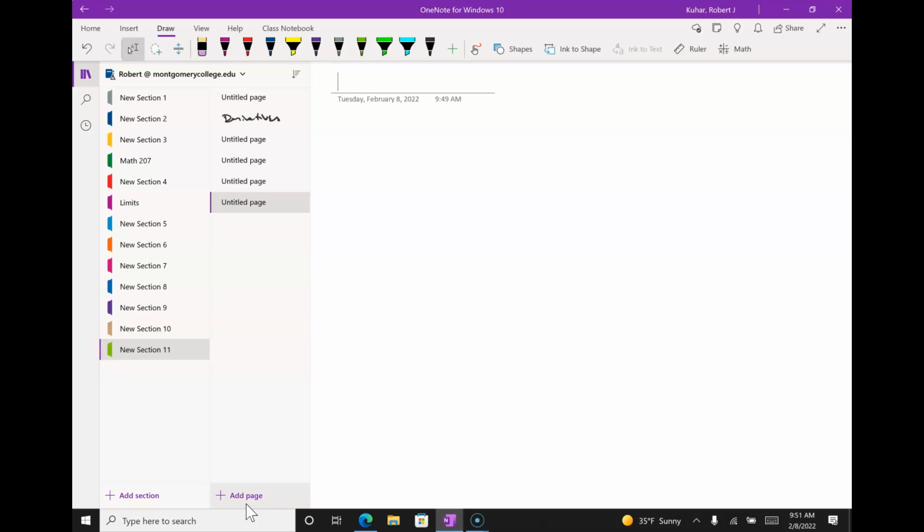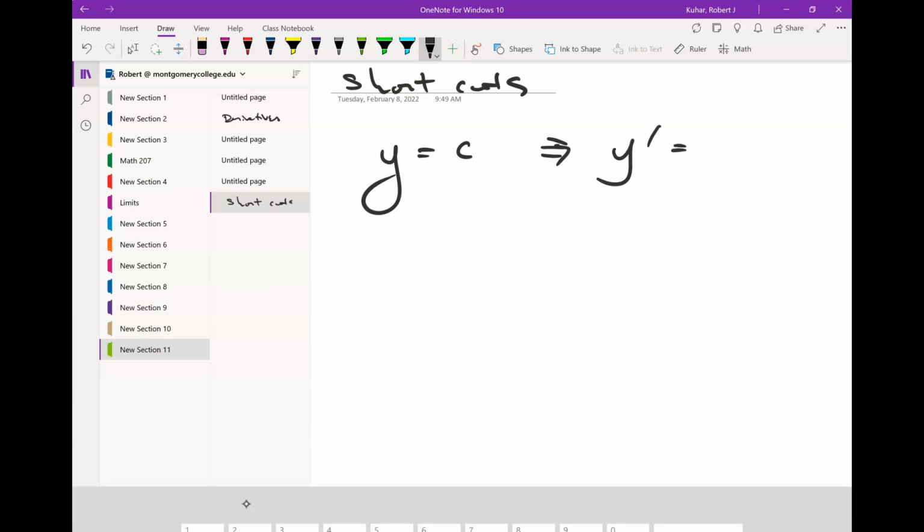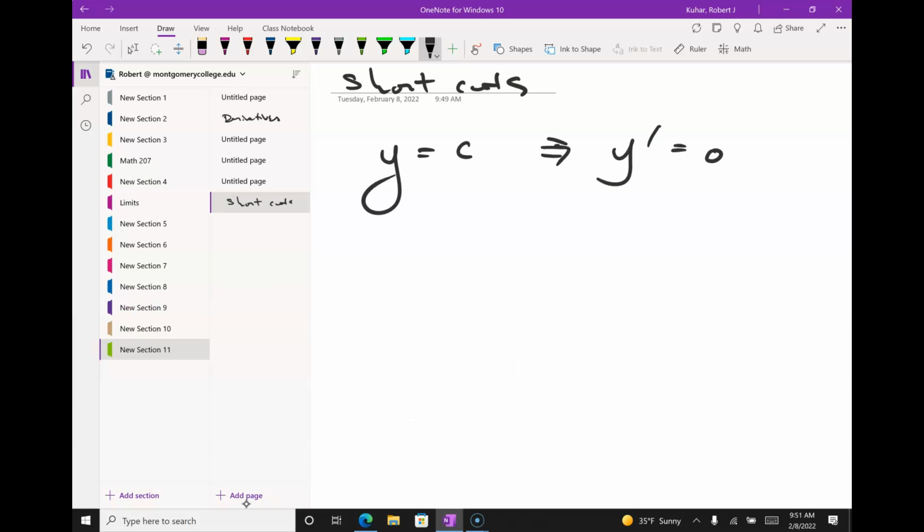I see patterns, so I can figure out shortcuts. In fact, I'll give you the list of shortcuts right now. y equals a constant implies y prime is what? 0, right? y equals c is a horizontal line, so the slope is 0. y equals mx plus b: what's y prime? m, the slope, right?